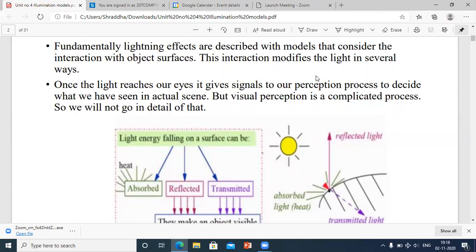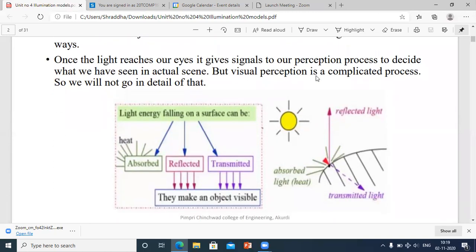But visual perception is a complicated process, so we will not go into the detail of that. What is told in these two points is that lighting effects are described with models, and these models are described with the help of different object interaction surfaces. Once the light reaches our eyesight, it gives us signals about whether the light is harsh, the color is bright or the color is dull. How is this decided? We are going to see now in the figure below.